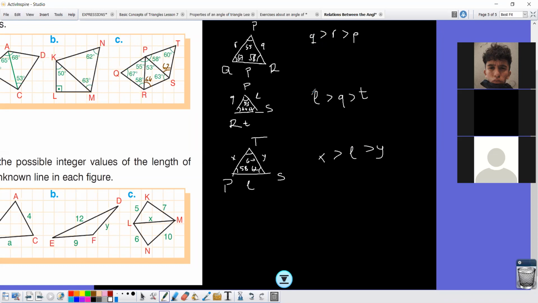In the second one, L is greater than Q. And in the third one, X is greater than L. Q is greater than R, L is greater than Q. So from both of them, we have L greater than Q. Then we have X greater than L, so X is greater than L greater than Q. So X will be the longest side.